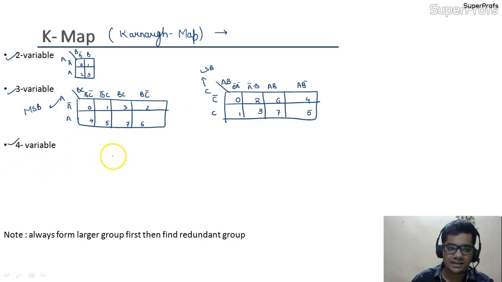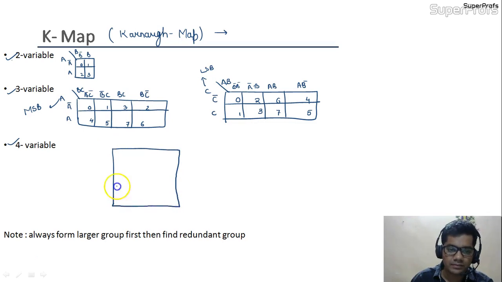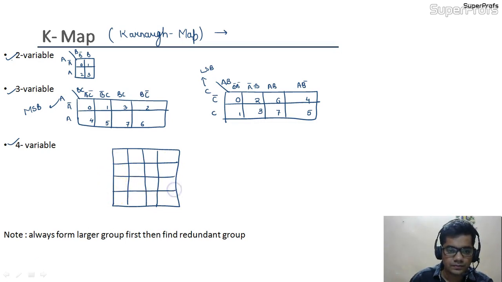Okay, now we are discussing the 4 variable Kmap. So for a 4 variable Kmap, there are 16 cells representing all the minterms. If this is AB and this is CD, it would be A bar B bar, A bar B, AB and AB bar, and this would be C bar D bar, C bar D, CD and CD bar.